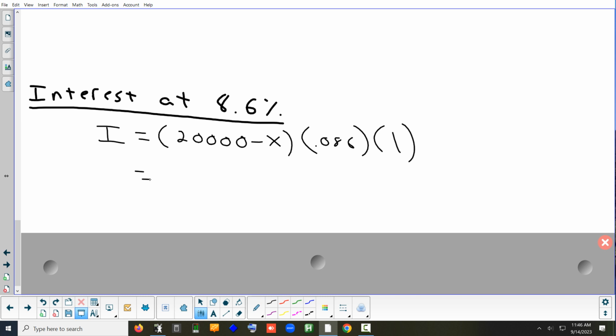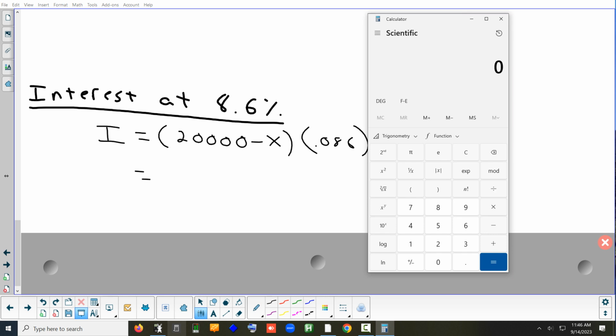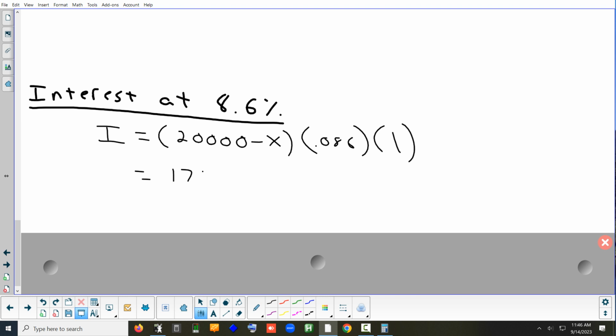We should distribute that 0.086 out. So 20,000 times 0.086. What's that? So 1720 minus 0.086x.